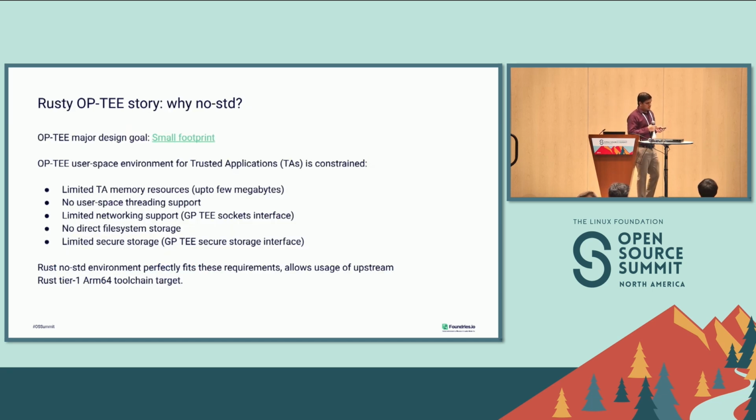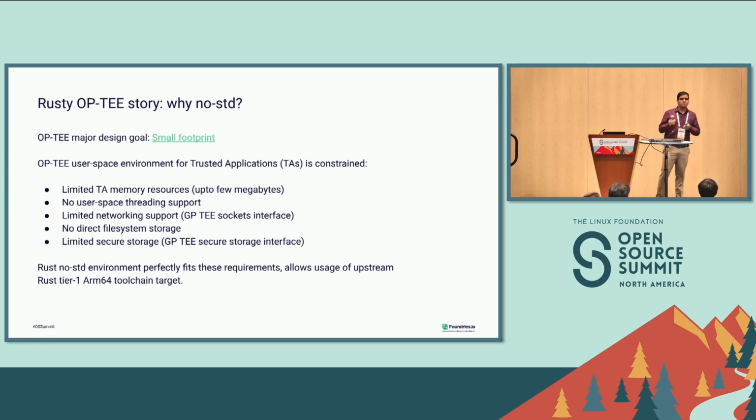Now let's look at why we need no_std here, because of all the difficulty that I mentioned with the custom OP-TEE target for trusted applications. no_std seemed to be a perfect fit, not only because it allows us to support the tier 1 target toolchain for ARM64, but it also addresses the small footprint design goal that OP-TEE has.